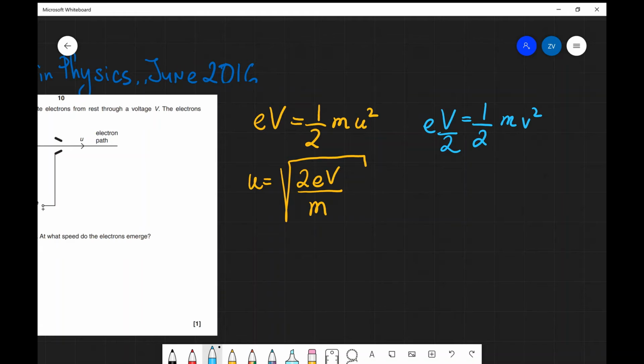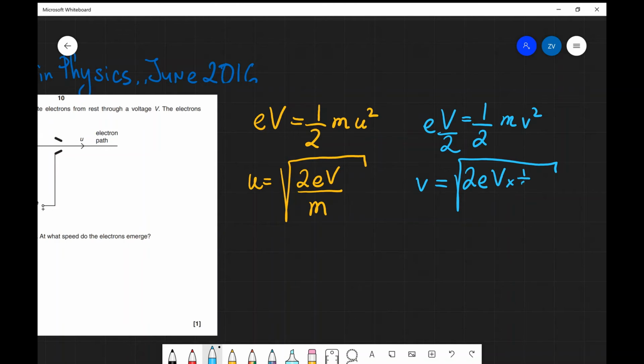Well, let's do exactly the same. I'm going to rearrange for v squared. Now, for v, in this case, this is going to be the square root of 2eV. Rather than just voltage, though, this is going to be the voltage over 2. So just fit it in over here.